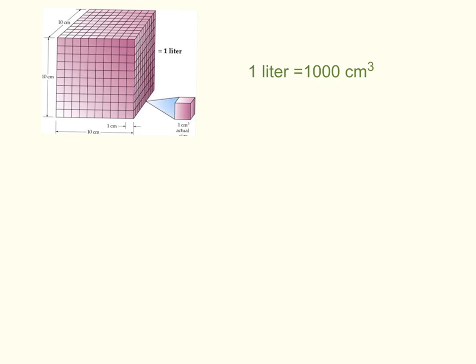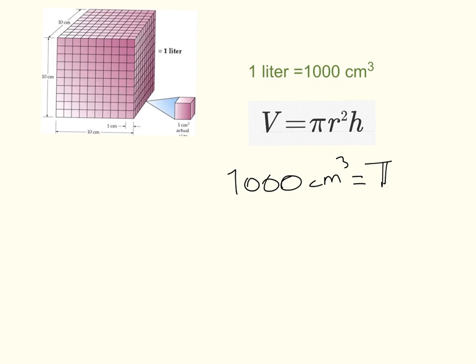So another thing to take into account is the volume with respect to cubic centimeters. 1 liter equals 1,000 cubic centimeters. So in the formula of the volume, what we have to do is substitute the volume by 1,000 cubic centimeters, because that is the volume that we are asked to have.